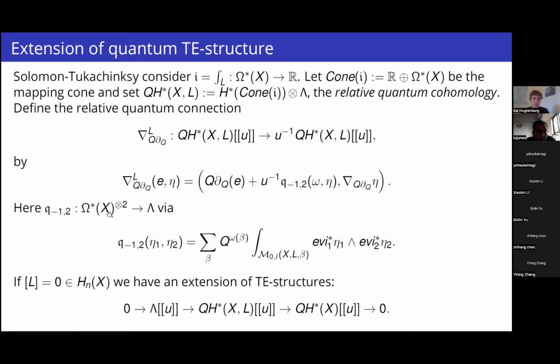But in general, it will be a pairing from two copies of differential forms on X to the ground ring. Ah, okay. So this q minus 1, 2 of omega and eta is a number. Yeah, this is a number. And that number lives inside the cone. I see, the R part of the cone. Ah, okay. Yeah, I get it.